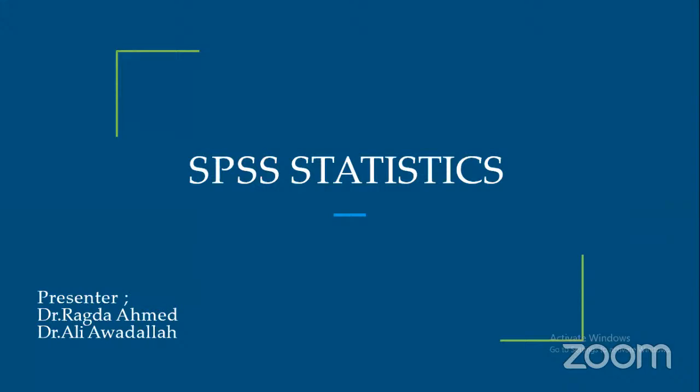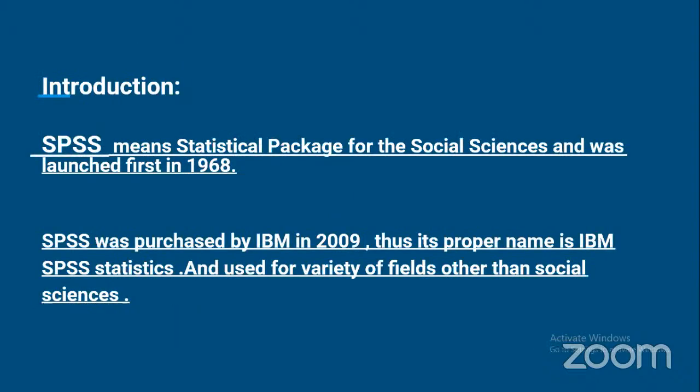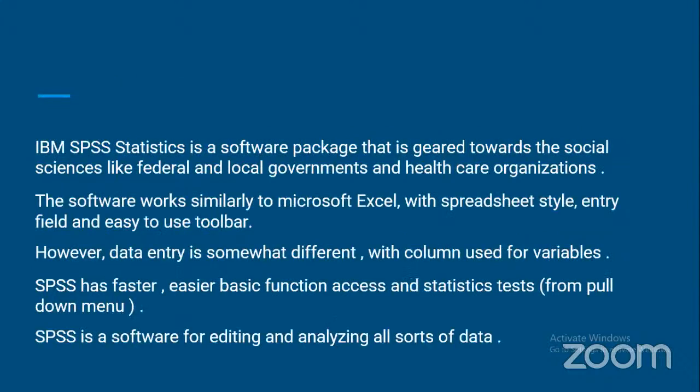So, SPSS statistics. SPSS stands for Statistical Package for Social Sciences, and was launched first in 1968, and then it was purchased by IBM in 2009. Thus, the proper name for it now is IBM SPSS Statistics. It is a very popular program used for statistical analysis.